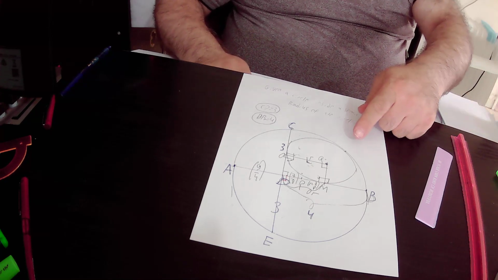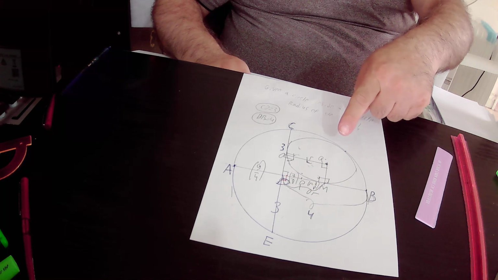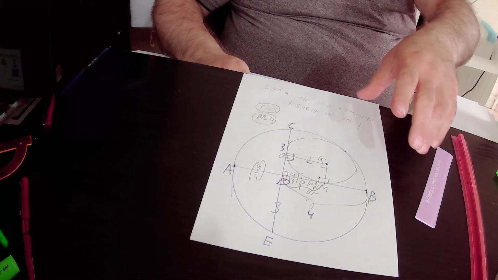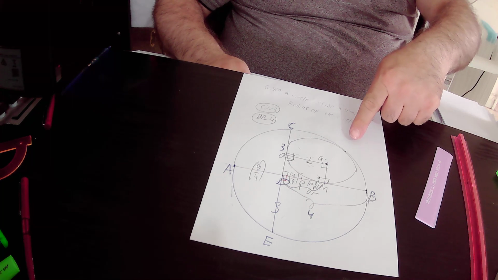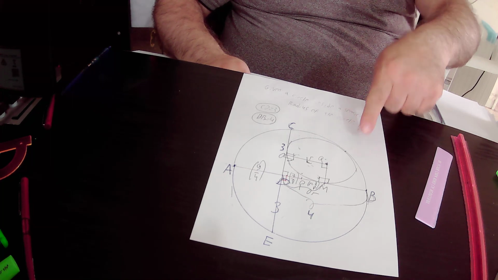Here, the small circle is located inside the big circle, and those two circles touch each other internally at this point.